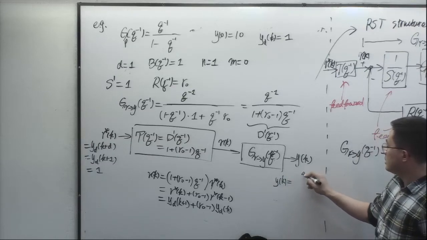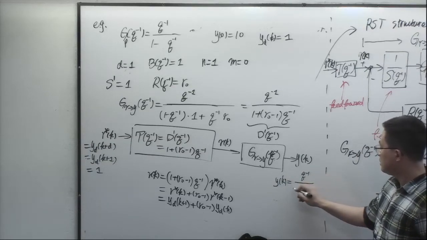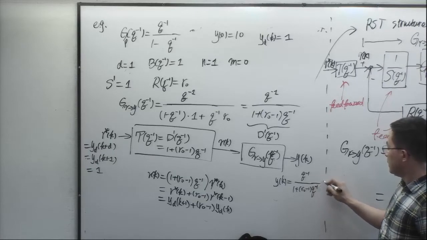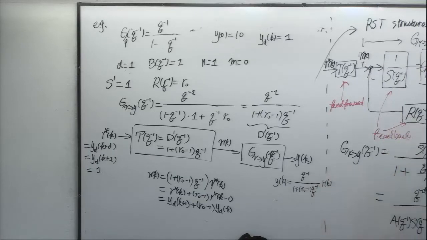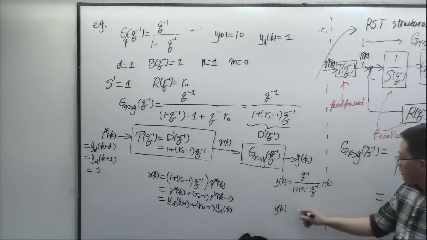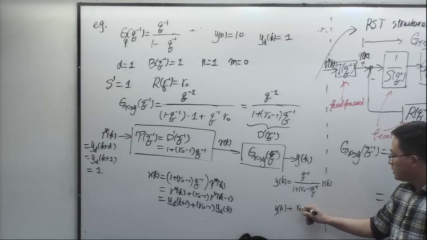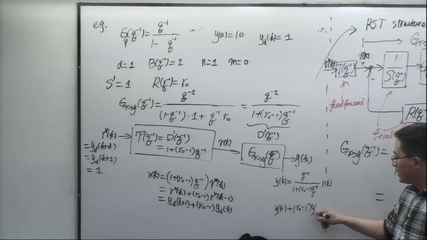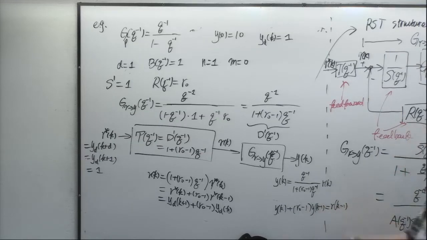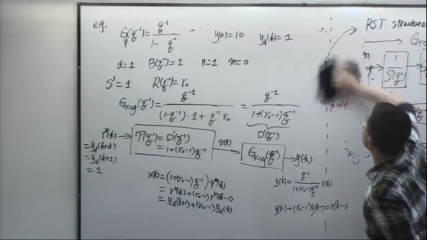YK is closed loop transfer function operating on RK. So YK plus R0 minus 1 YK minus 1 will be RK minus 1. Let's run some numbers and see how the convergence happen.